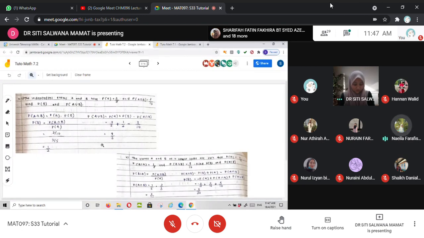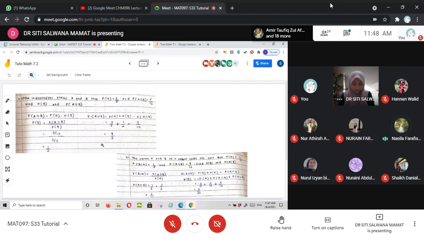So untuk probability B dah settle. So untuk probability A union B, kita pakai formula probability A plus probability B minus probability A intersect B. And then kita masukkan semua formula and we will get 4/5.